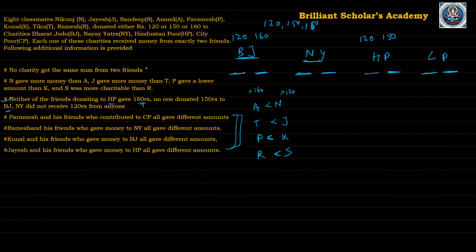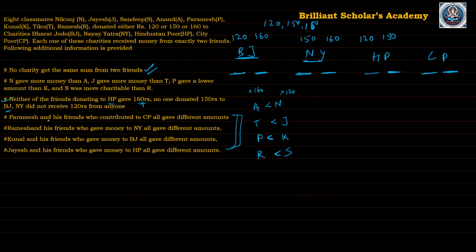We have read it here. We have analyzed it at the start. Now, more information. NY did not receive 120, so Nyaya Yatra must have got 150 and 160. To me, it feels like Nyaya Yatra is receiving maximum money. Could be true because electoral bonds are gone, so any yatra can receive any money.